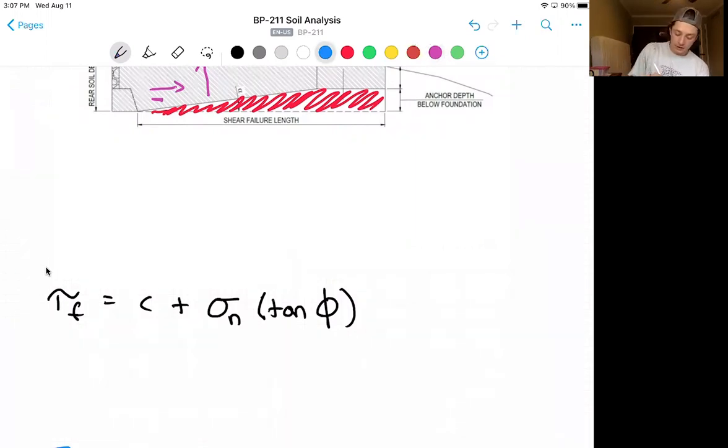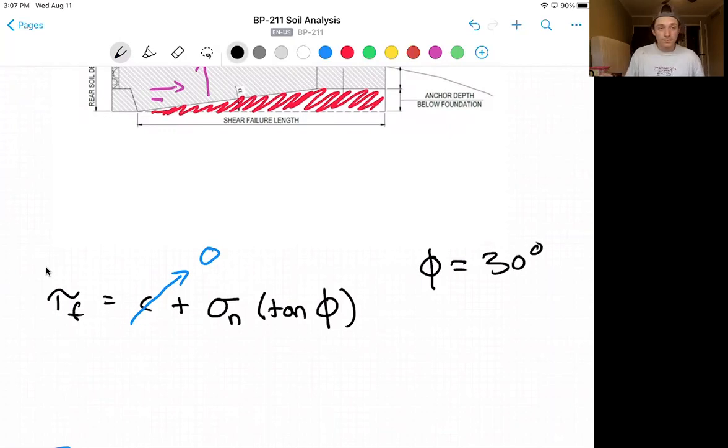Here, C, or the cohesion of the soil, is taken to be zero, because we'll assume our soil is cohesionless, which is, again, a conservative assumption. Phi is our angle of internal friction, which we take as 30 degrees, per usual. Sigma N is our normal stress on the soil, so how much force is pushing down on that block of soil.